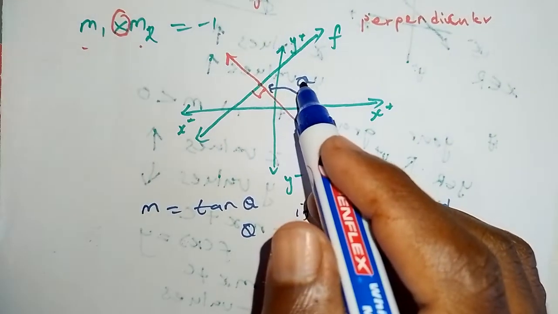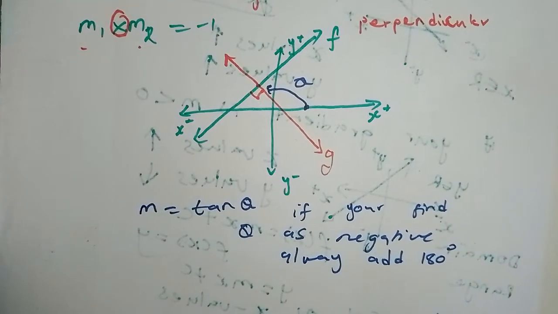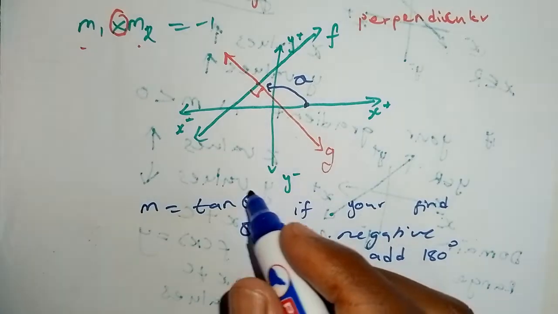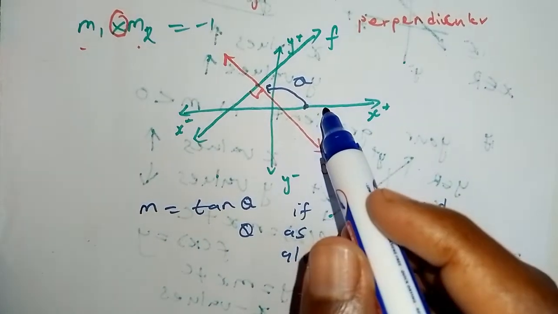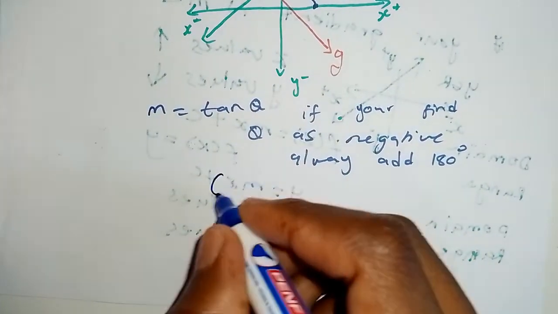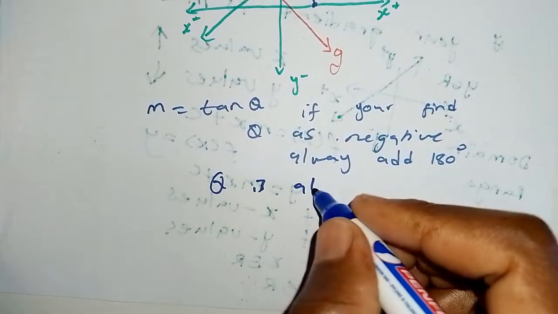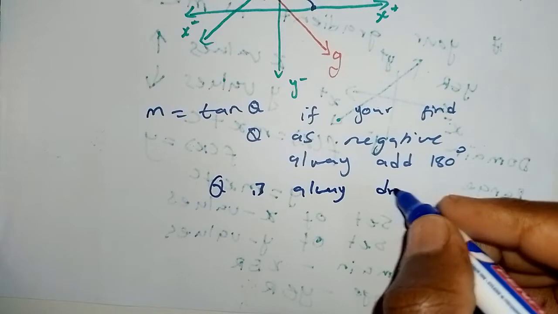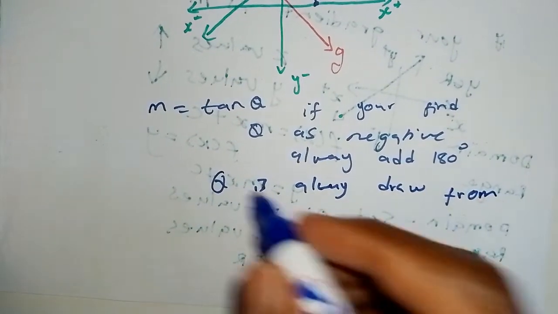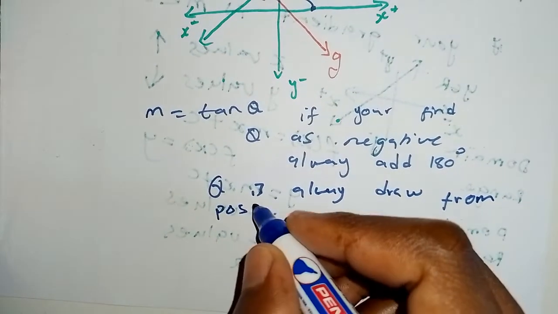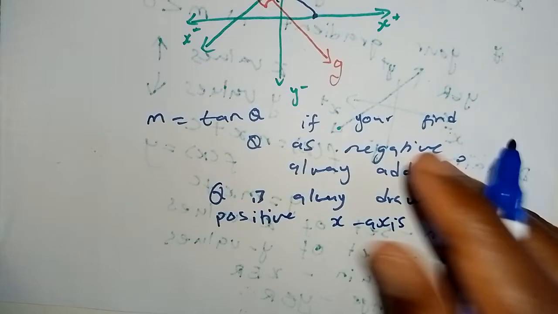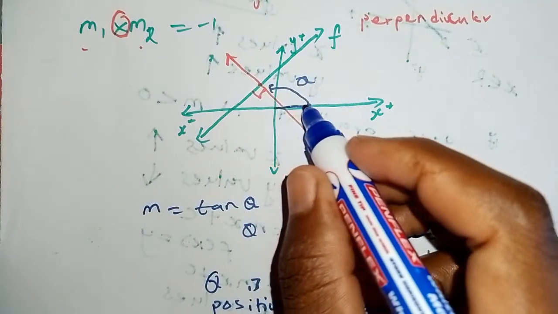If you find your theta as negative, always add 180 so that it becomes positive, because this angle is always drawn from the positive x-axis, meaning from this line.